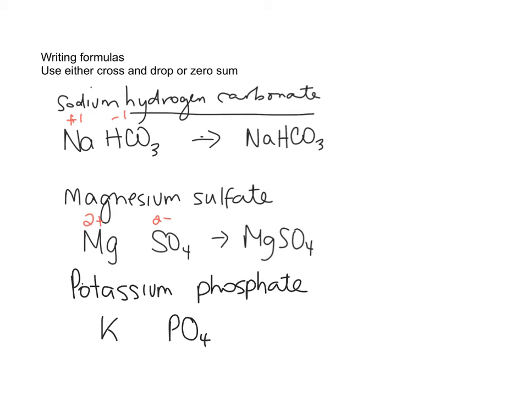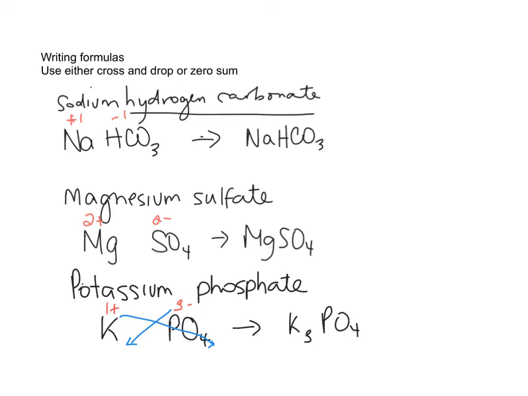We get that from our table. Phosphate is 3 negative. Potassium is 1 positive. So these numbers are not the same. So when we cross and drop, the 3 crosses over and drops down, and the 1 crosses over and drops down. Don't forget, we don't write ones. So the formula becomes K subscript 3, PO4, and then we're done, because there's only one PO4.